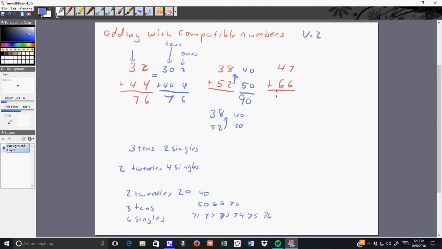So now you might be thinking, all right, well, that may kind of make some sense, but how is it useful here? Well, once again, I look at the ones first, and I see 7 and 6. Well, I know 7 and 6 is more than 10, so I say, all right, well, could I possibly make 47 into 50? And the answer is yes, so I just take 3. So once again, I'm going to make this into a 50, but I took 3 from here and brought it up, so that has to go down to 63.